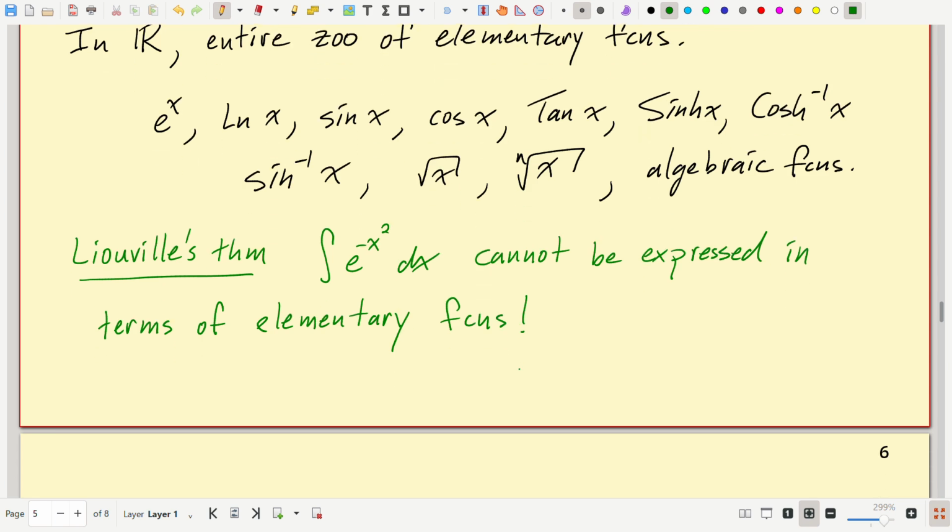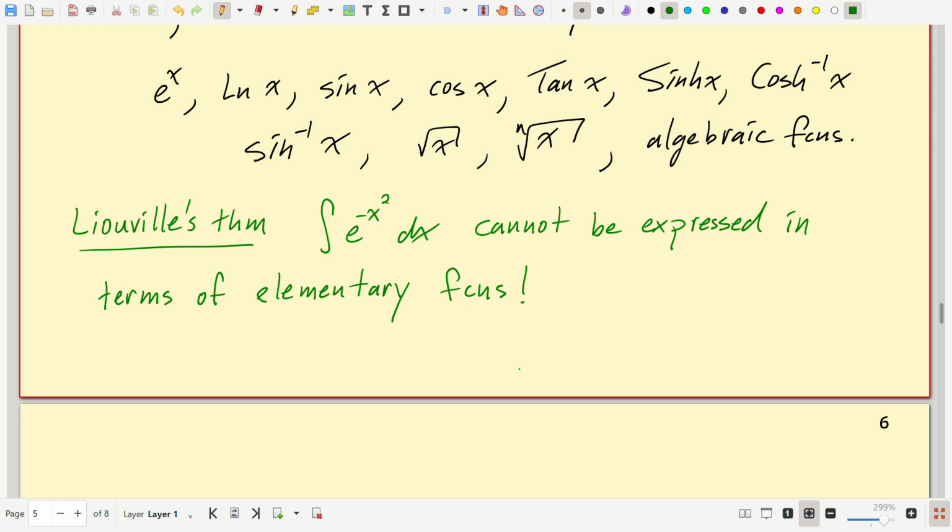So I claim that the zoo is only two animals in the complex plane. The zoo of elementary functions is only two animals. Namely, e to the z and the complex log.